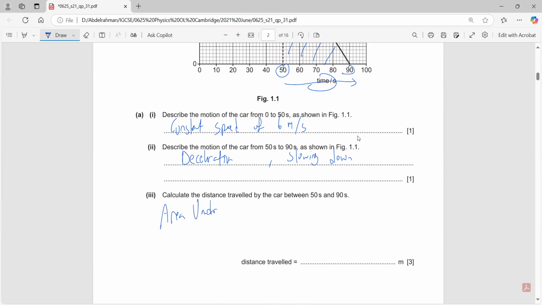This is a triangle, half times base times height, which is half times 40 (90 minus 50 is 40) times the height, which was 6 meters, which is 120 meters.